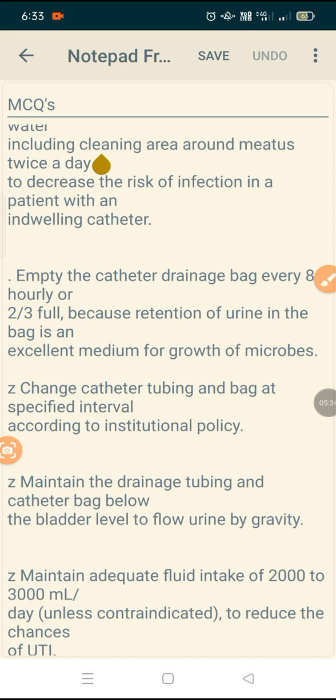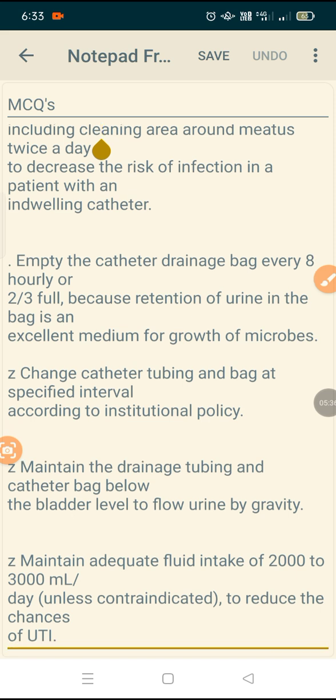Maintain the drainage tubing and catheter below the bladder level so the urine flows to the bag by gravity. So we should maintain some physics also. We should hang the urinary catheter bag below the level of the patient's bladder, in the low gravity area. If the patient is sleeping on the bed, it should hang down from the bed.